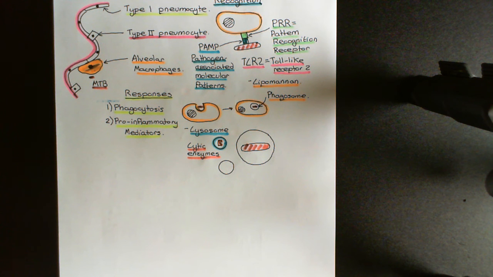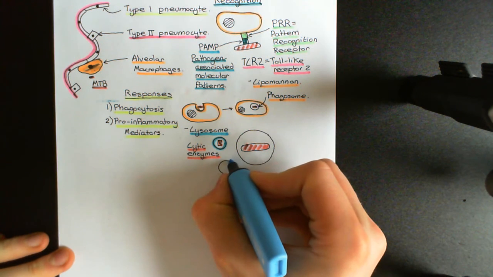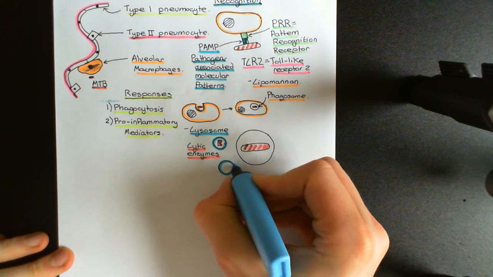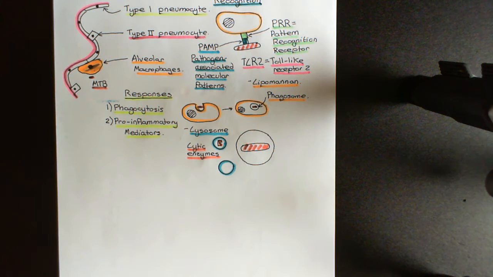Okay, but here in phagocytosis, what we're going to do is fuse lysosomes with the phagosome membrane and just release all of these lytic enzymes onto the pathogen that is present inside the phagosome, and that's one of the key ways that we can break down that pathogen, because of course these lytic enzymes will just break down their biomolecules and then hopefully the pathogen will disintegrate.